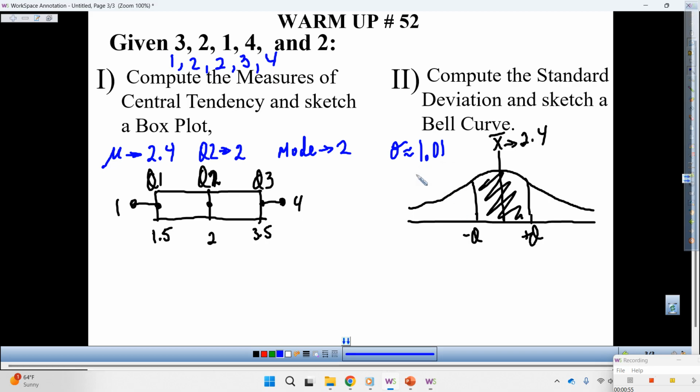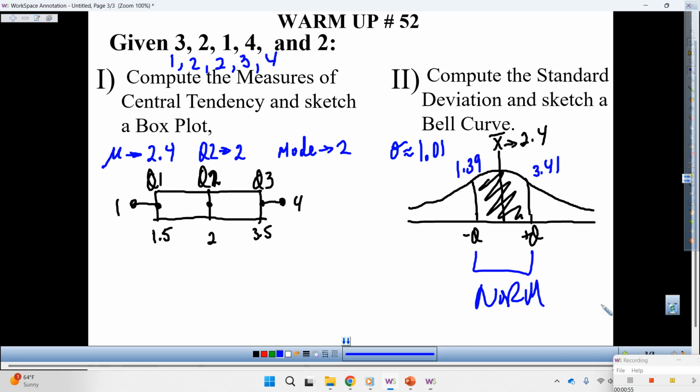Depending on whether you went the long way or used a shortcut, you may be off by tenths of a decimal. That's all right. So that means we are at 3.41 or 1.39, and that's our norm.